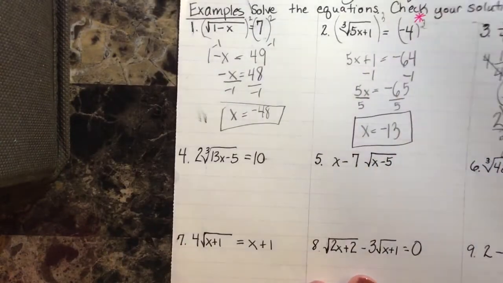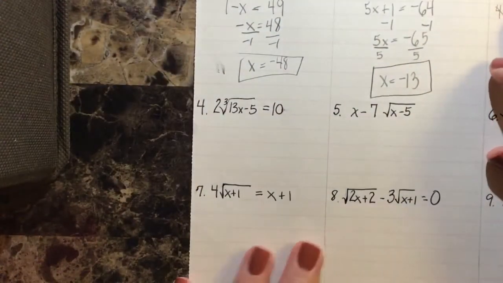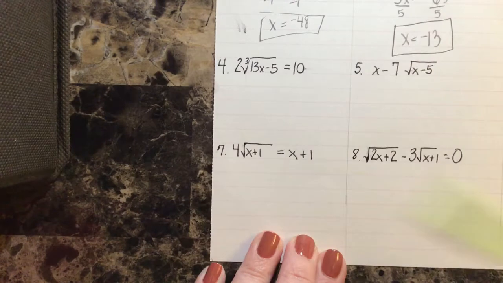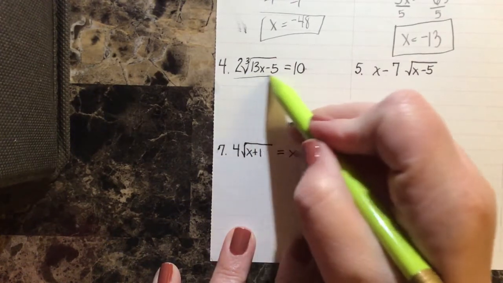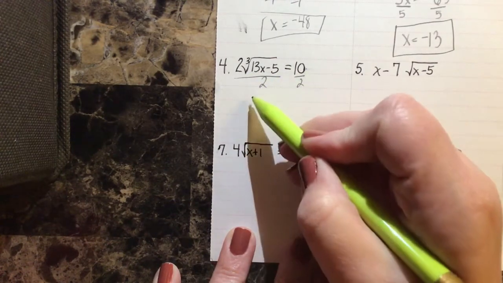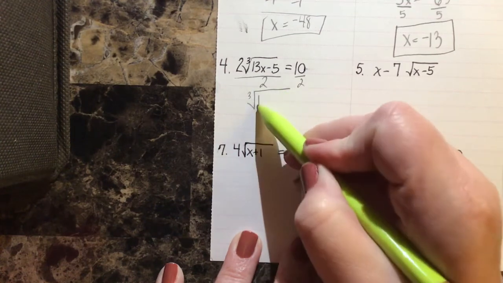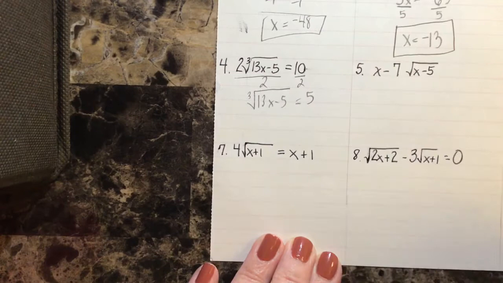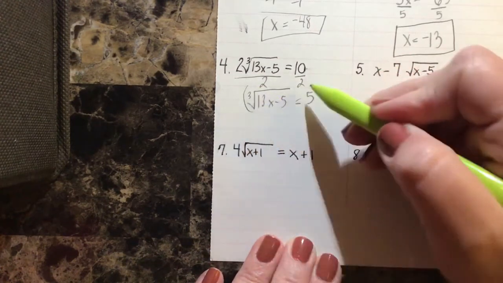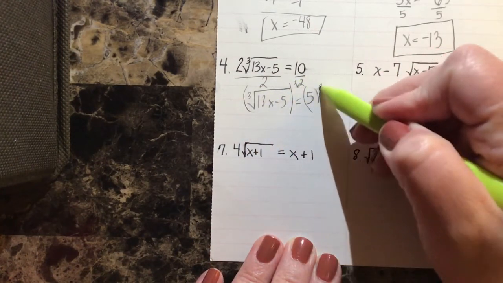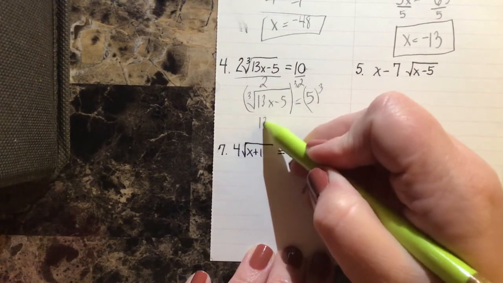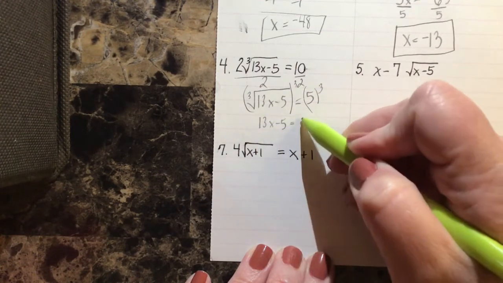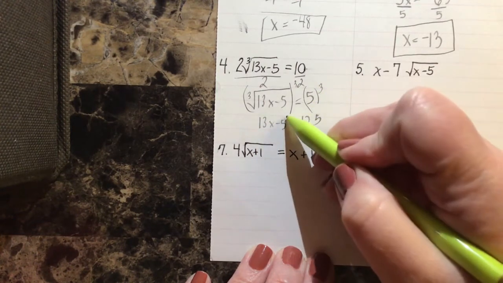Okay, moving on to number 4. I need to get my cube root alone, so I'll divide by 2. I'll have the cube root of 13x minus 5 equals 5. Then I may raise both sides to the 3rd power. So 13x minus 5 equals 125.